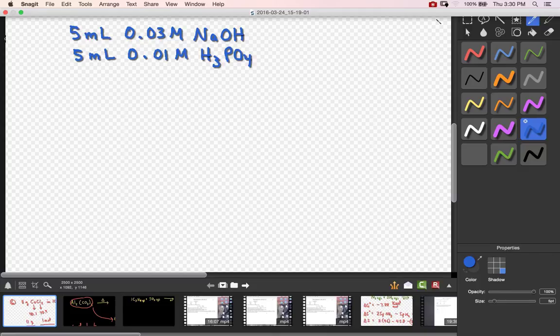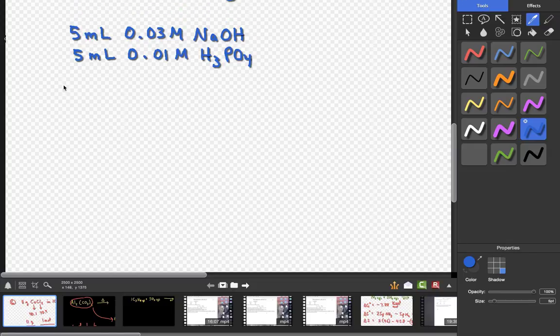Okay, so now we're looking at question 8, and we want to be able to predict in a somewhat quantitative manner, but mostly in a qualitative manner, what's the pH of a solution that we make by combining 5 mL of 0.03 molar NaOH with 5 mL of 0.01 molar H3PO4. What I would do is convert these to millimoles.